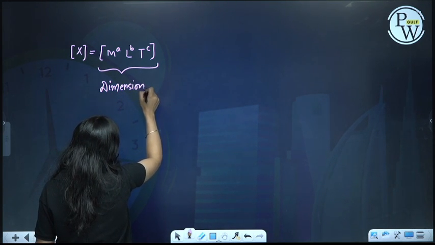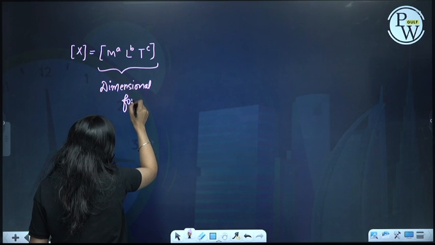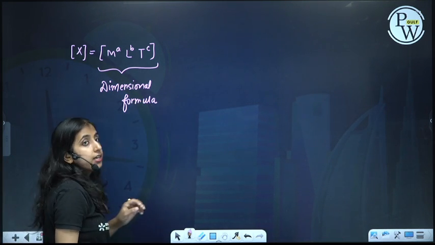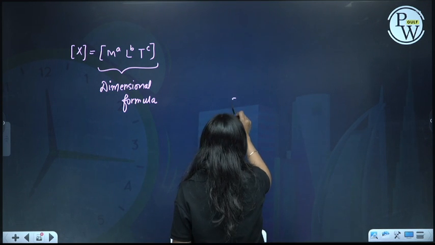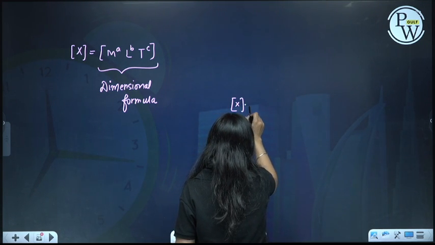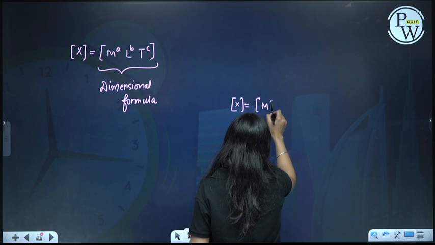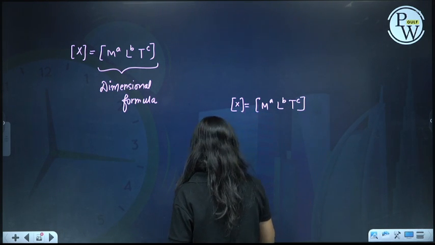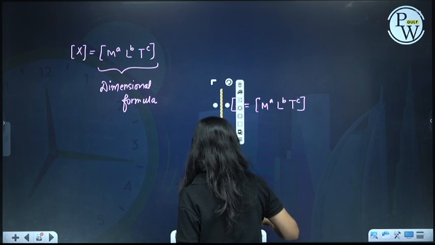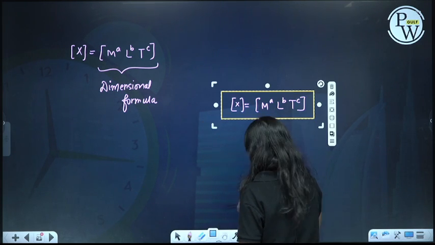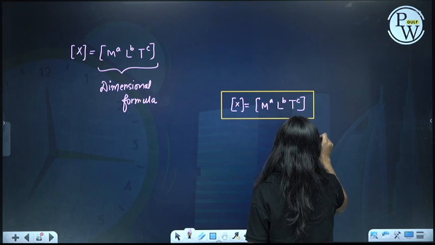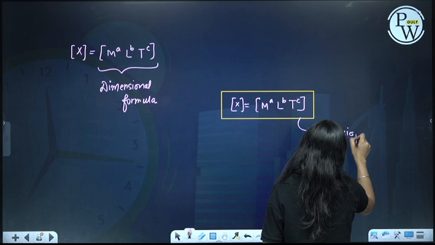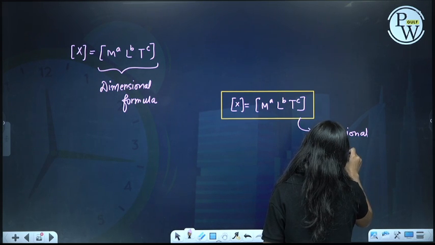And when we equate this dimensional formula to that quantity, that x is equal to M raised to the power a, L raised to the power b, and T raised to the power c, this whole expression is called the dimensional equation.